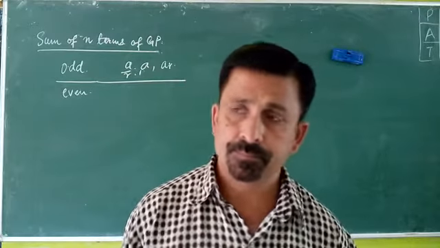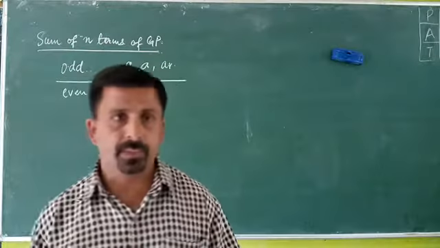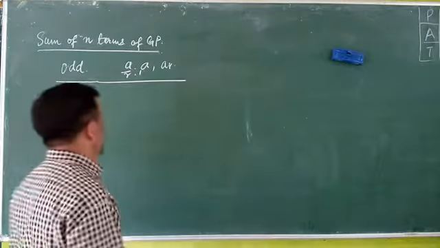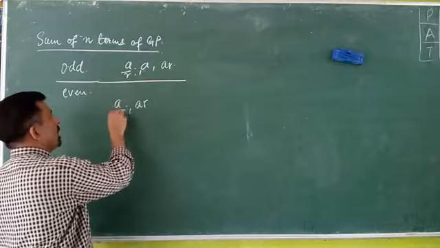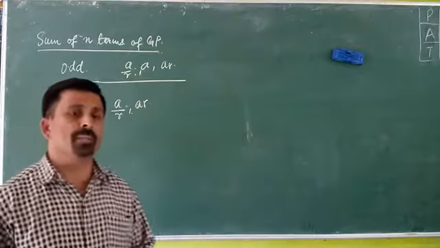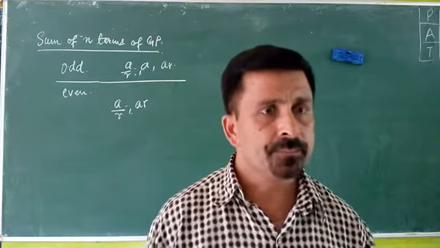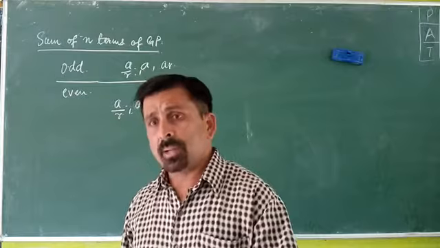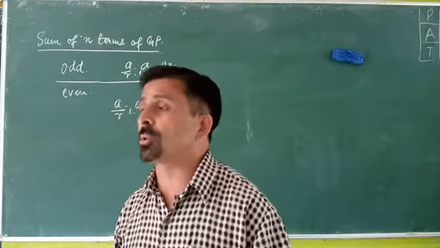Is it alright? Yes. Likewise, when we have even number of terms, this time we will assume two middle terms. Those two middle terms will be AR and A over R. These will be the two middle terms for GP. Is it alright? Yes, sir. Now, to get the next term and the preceding term, we will multiply and divide by R square.